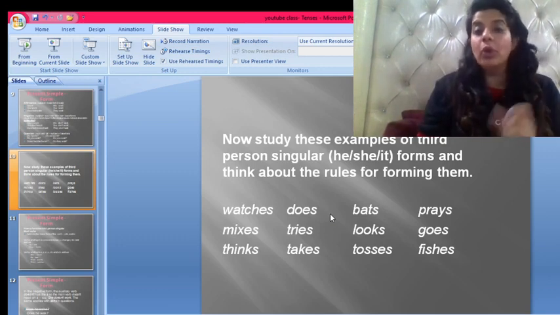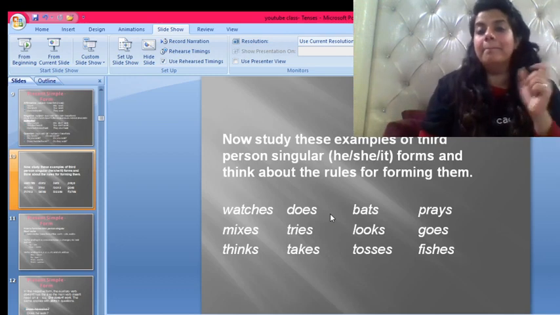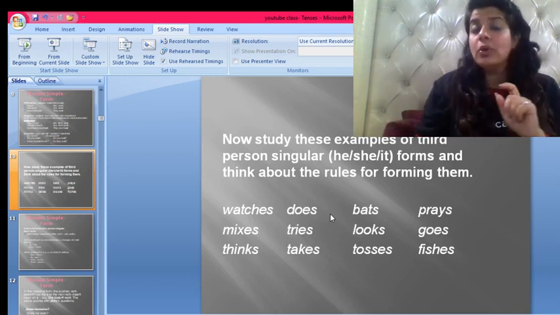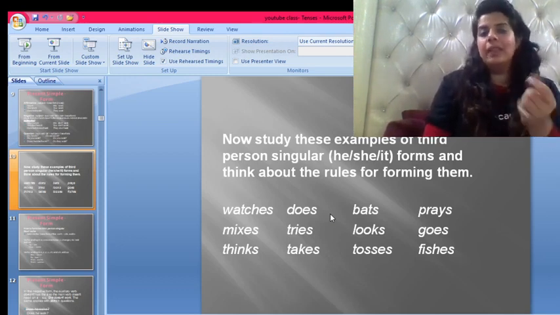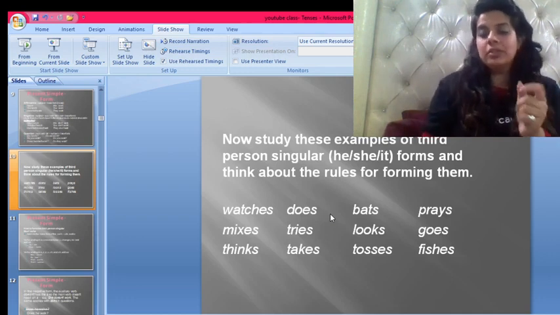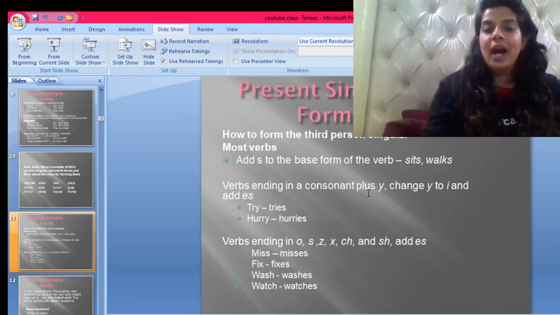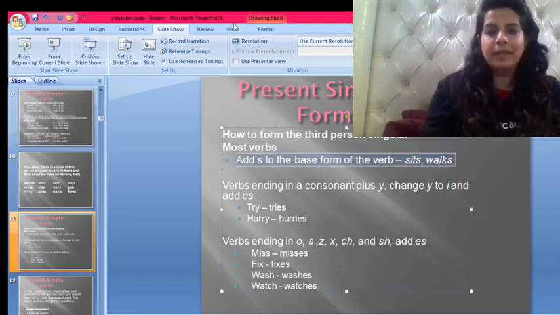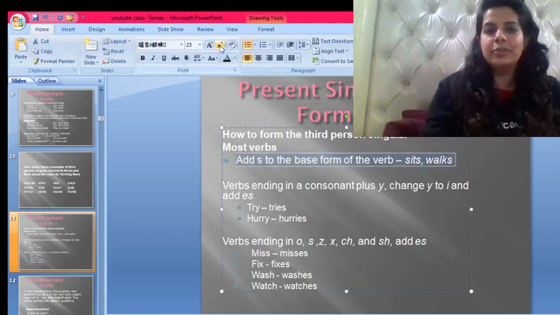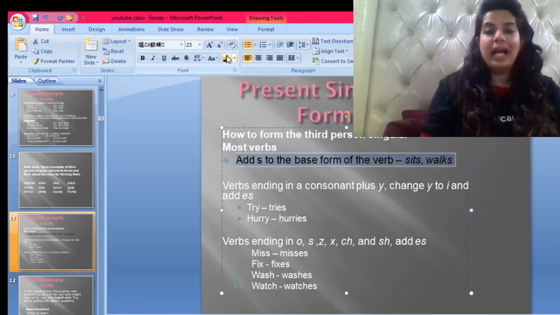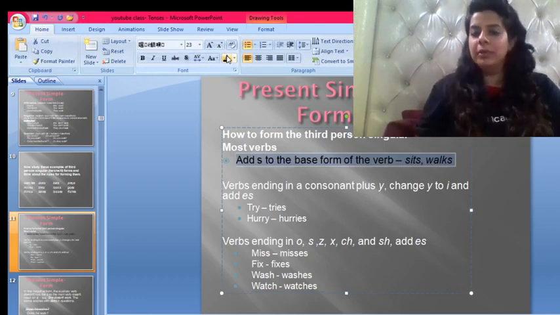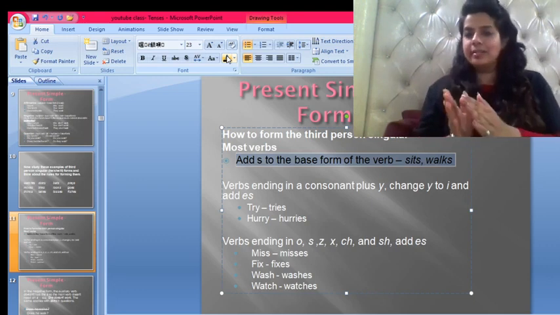Watch becomes watches, mix becomes mixes. So we are not always adding s. There are some minor changes we must focus on, such as how to form the third person singular. Most verbs add s. I'm darkening it side by side to bring your attention. Add s to the base form of the verb, such as sit, sits, walk, walks.